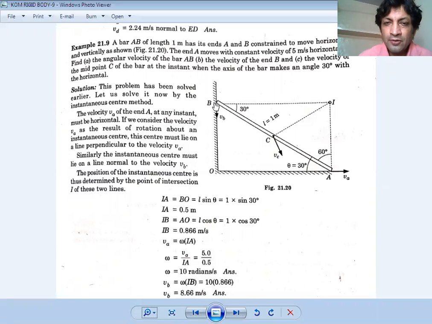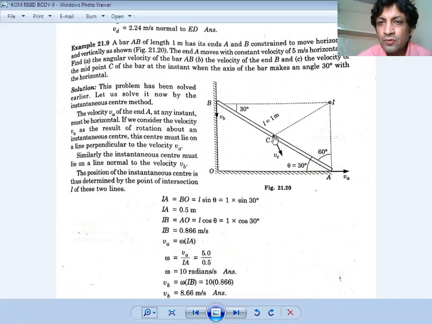Similarly, at the tail of VB, at point B, the end point of this bar, we will again draw a perpendicular and extend it till the two perpendiculars intersect each other. That intersecting point is considered as I, and we join it to point C, which is at the midpoint of the bar.